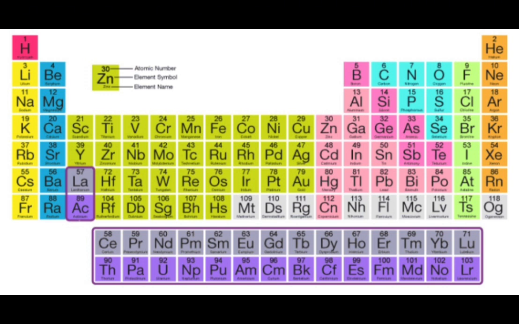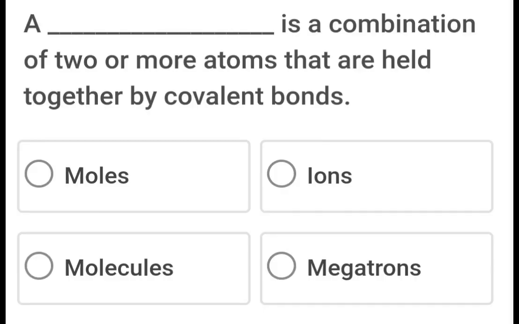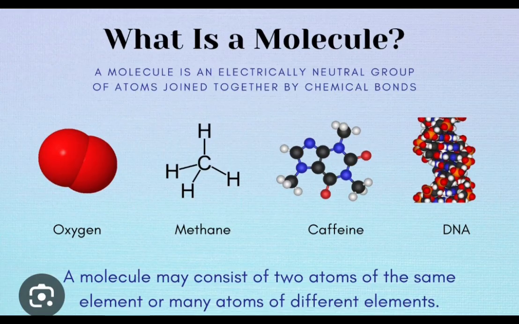Final question. A dash is a combination of two or more atoms that are held together by covalent bonds. A. moles, B. ions, C. molecule, and D. megatrons. We are going to select molecules as our answer. A molecule is a combination of two or more atoms that are held together by covalent bonds.